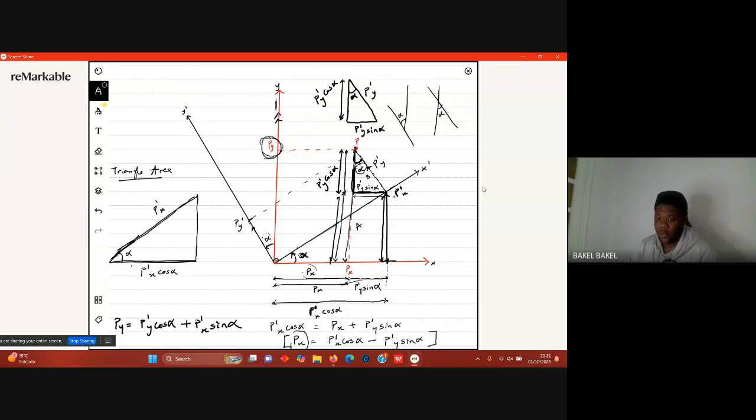And this is even easier to find because this triangle A is the same as this triangle A, like I brought out some steps back, where we have alpha, we have P prime X, and the height that we are looking for would be P prime X sine alpha.